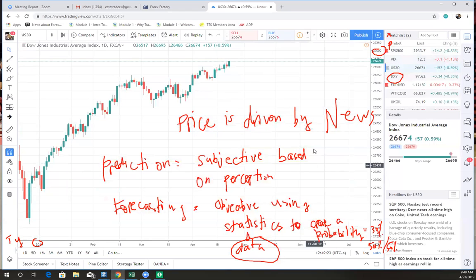So if price is being driven by news that creates supply and demand, there are three components. Based on price, you have news, which goes to the second component, supply and demand, which creates a direction, which are trends. So those three elements are very important, with a component of technical analysis of price and time.